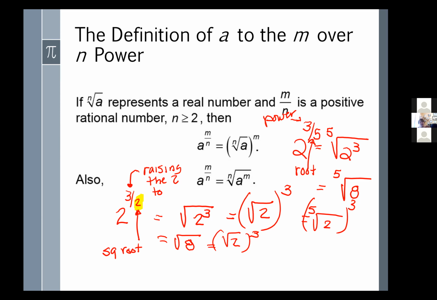An irrational number is a number that you can't write as a fraction. So the 5th root of 2 is irrational because it's a decimal that never terminates or repeats. It just continues on indefinitely to the right. And then you take that decimal and raise it to the 3rd power. Or you can take the 2 and raise it to the 3rd power and then take the 5th root. It's the same thing.